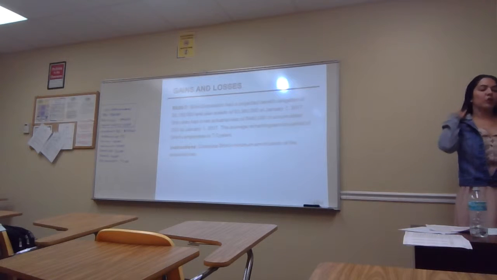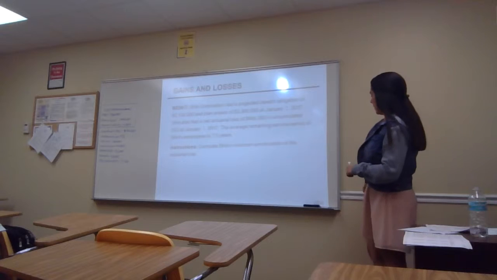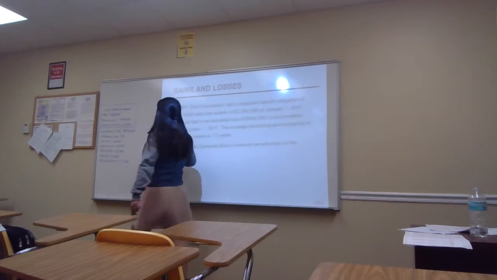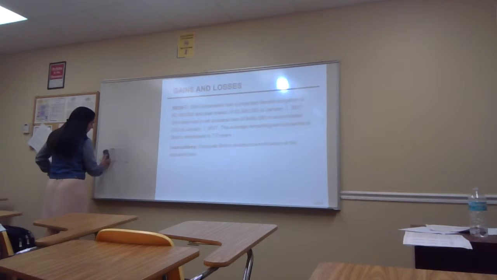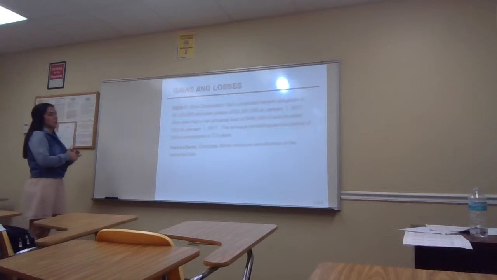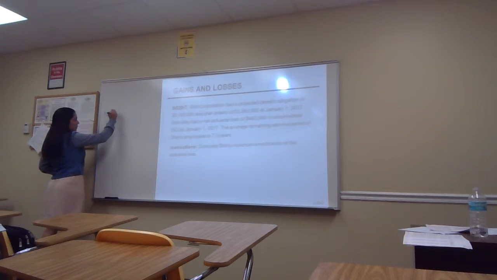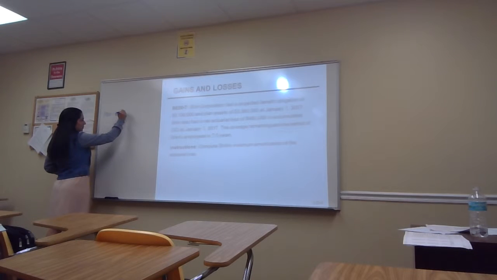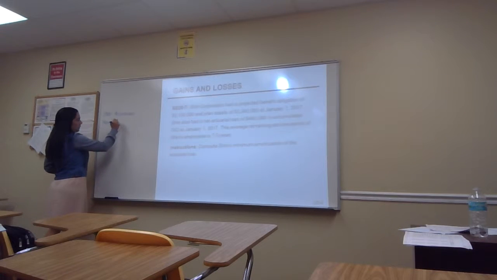So here's an example. Shin Corporation has a projected benefit obligation of $3.1 million. So the PBO in this example is $3.1 million. The plan asset is $3.3 million.